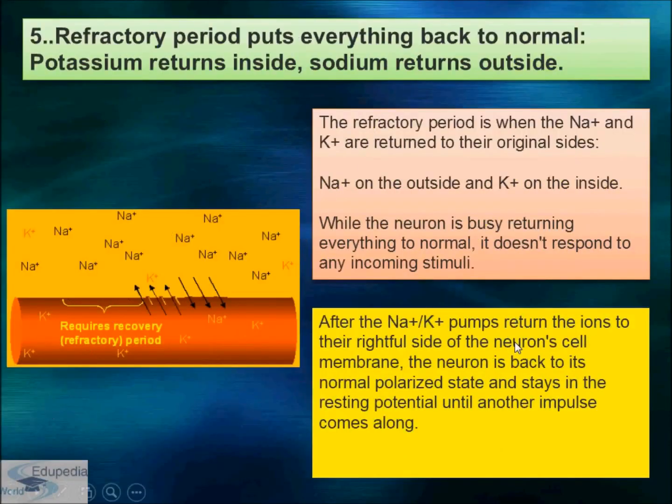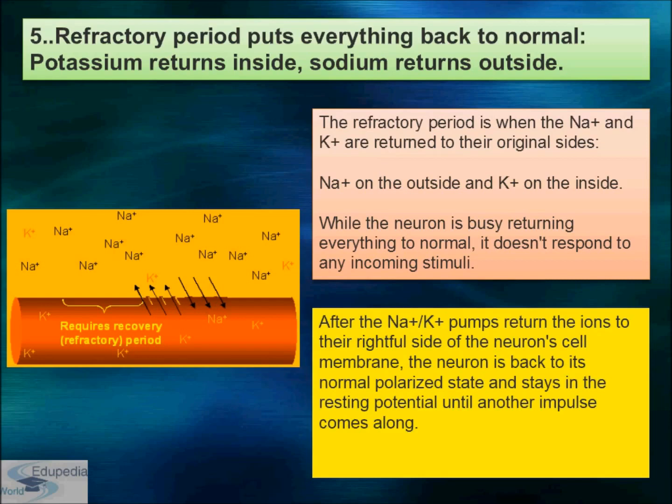Now the fifth step comes into being. This step is known as the refractory period. In this, everything goes back to normal. It returns to its original position. That means K+ returns inside and sodium returns outside. The refractory period is when Na+ and K+ are returned to their original sites.